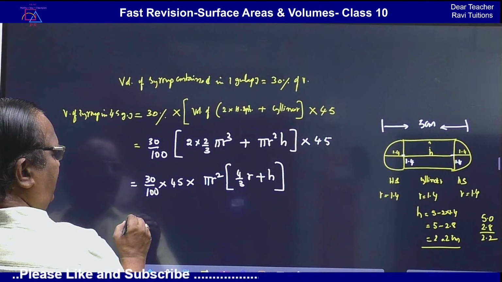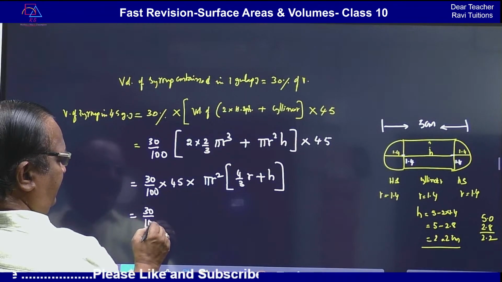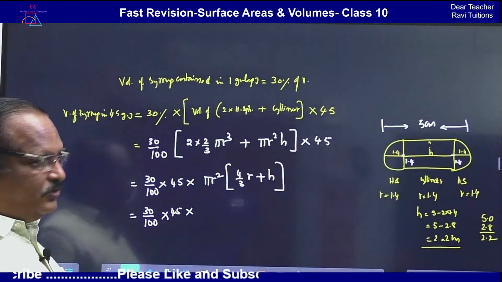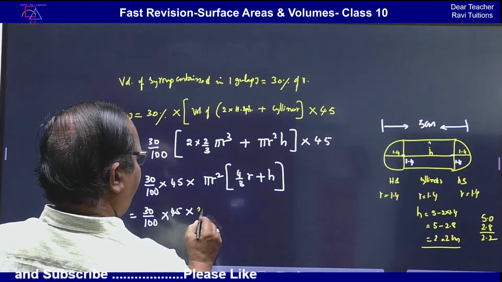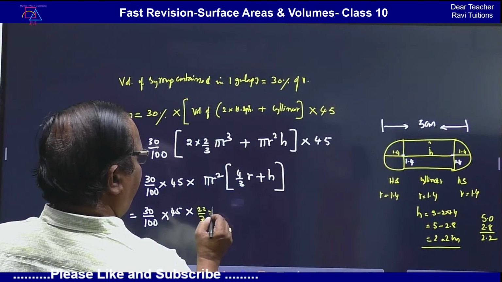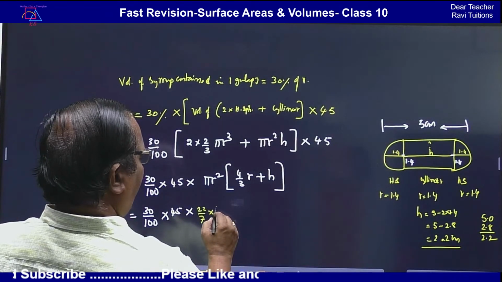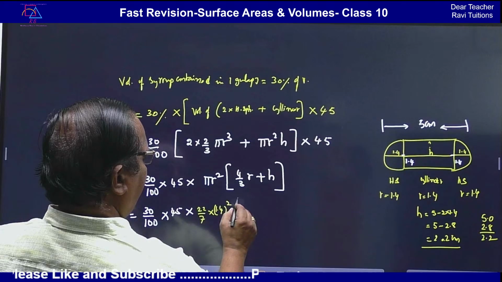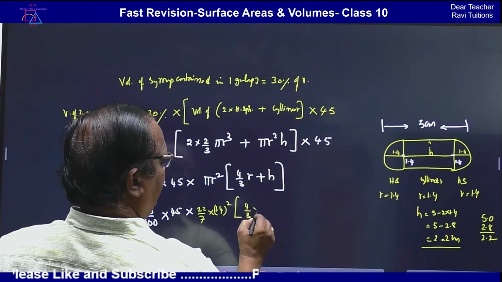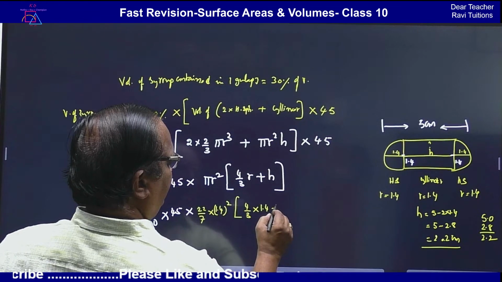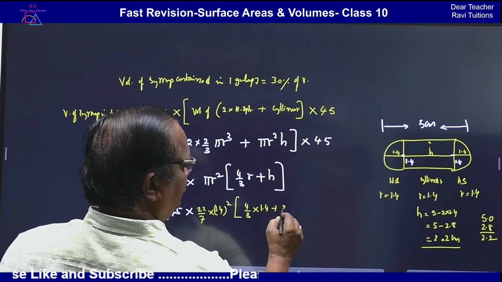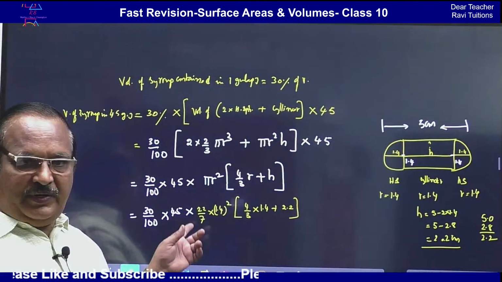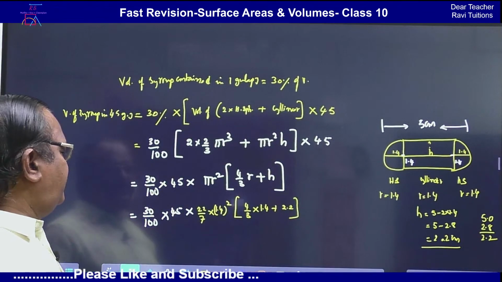So now 30 by 100 into 45. So 22 by 7 into radius, how much? 1.4 whole square. 4 by 3, 1.4 plus height, how much? 2.2. Be careful when you are substituting the values.